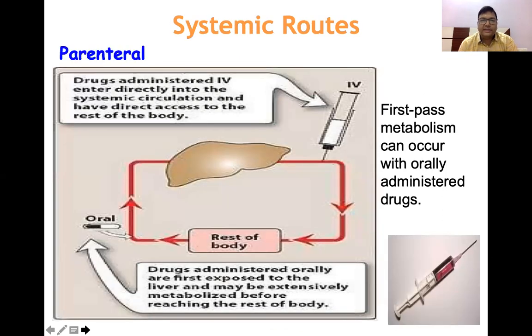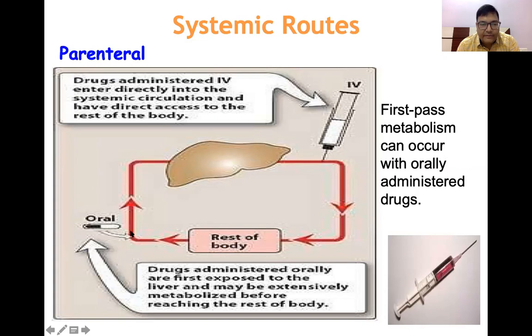So coming to the systemic route, the first pass metabolism can occur with the oral route of drug administration. So if a drug is being administered through the systemic route, suppose we are giving a drug by IV route, then the drug is directly reaching into the systemic circulation, and which has the access to rest of the body. So we require a lower dose.